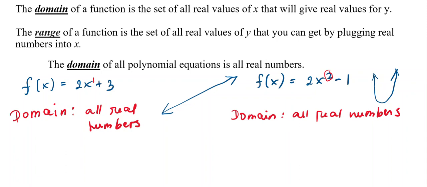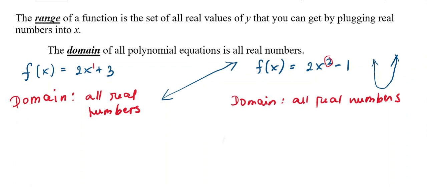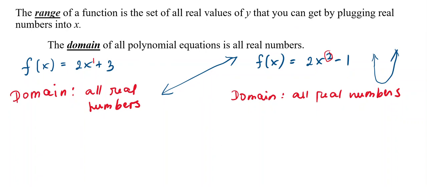Now remember that all real numbers in interval notation is from negative infinity to positive infinity enclosed by parentheses. So we're going to use interval notation to express our domain.